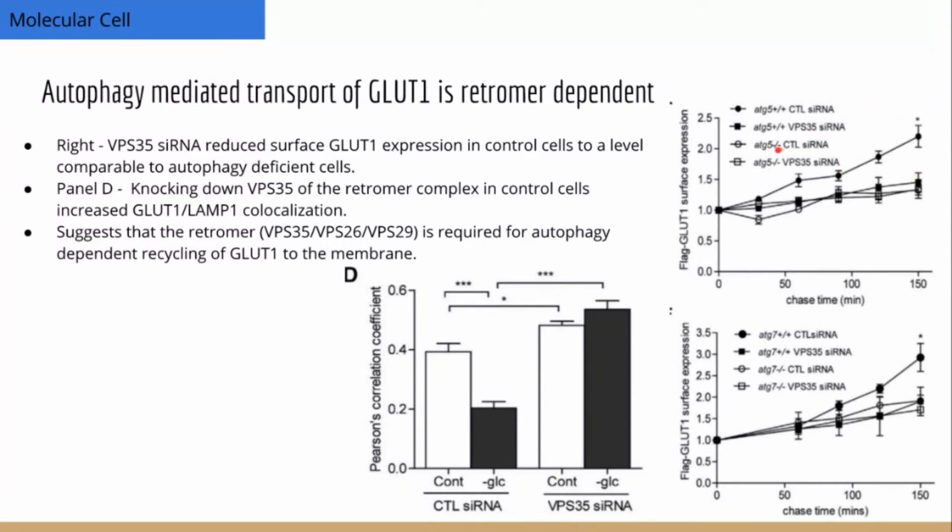So we can see, here we go, ATG5 plus plus VPS35 siRNA. In these black squares, you can't even see the black squares because they're basically the same as ATG5 deleted cells. So in other words, when the retromer is knocked down, we see the same exact phenotype as we saw in the ATG5 deleted cells.